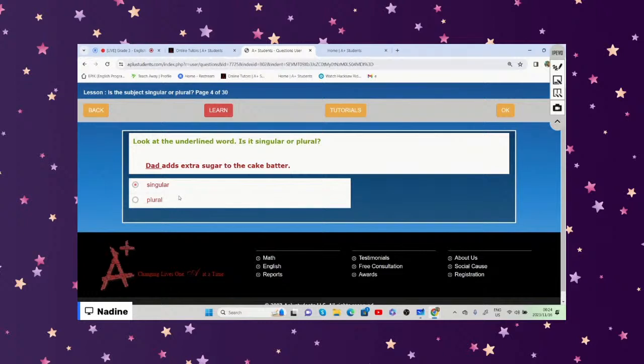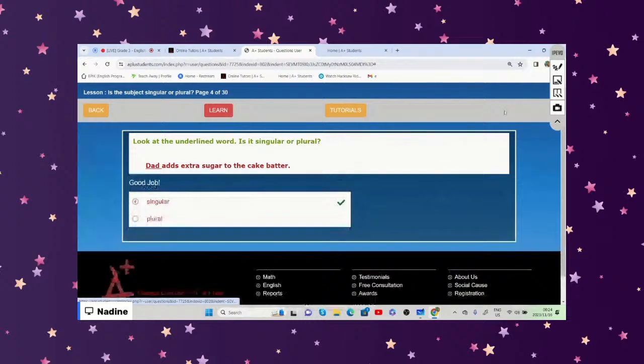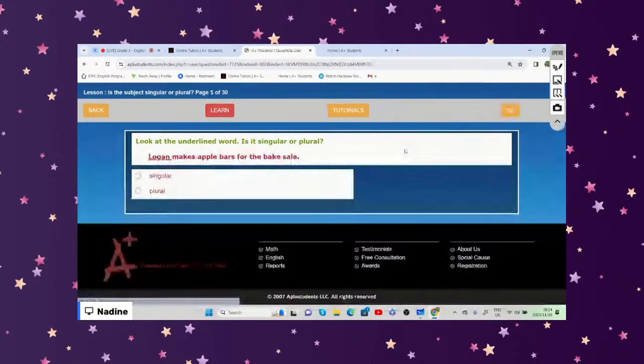And yes, Dad is singular. So well done. Logan makes apple bars for the cake sale. So Logan, is Logan singular or plural? So Logan is singular.